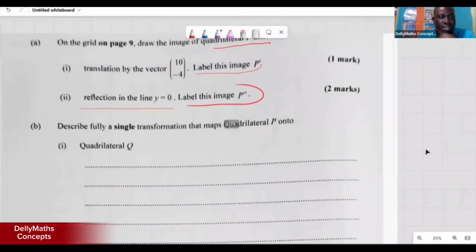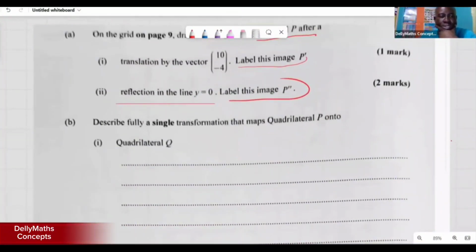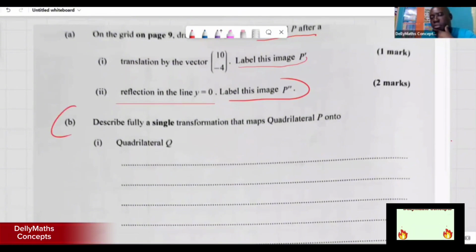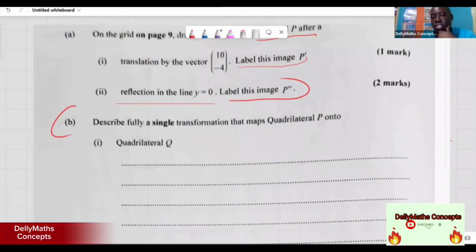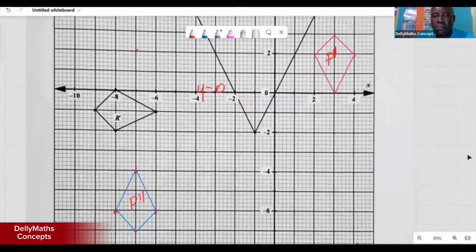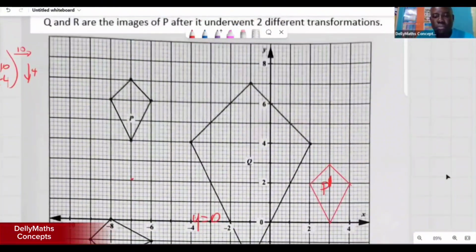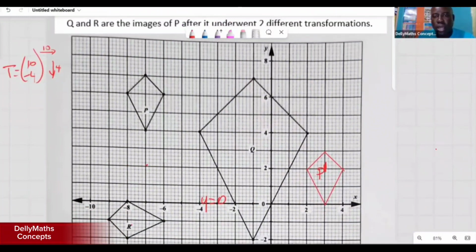So the next question says here, describe fully a single transformation that maps quadrilateral P onto quadrilateral Q. So we're moving from P to Q, P to Q, this P to Q. All right.